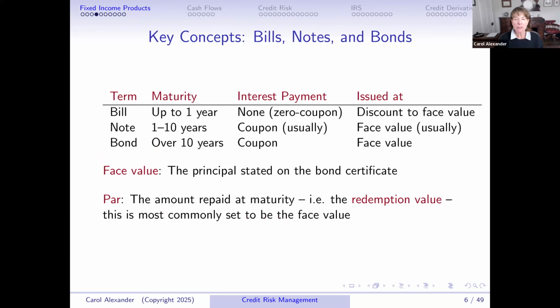So as I said, a note is a short-term bond, but there's something even shorter called a bill. And these are usually up to 1 year. And these have no interest payments. They're what we call zero coupon bonds. They're issued at a discount to the face value and then redeemed at the face value.